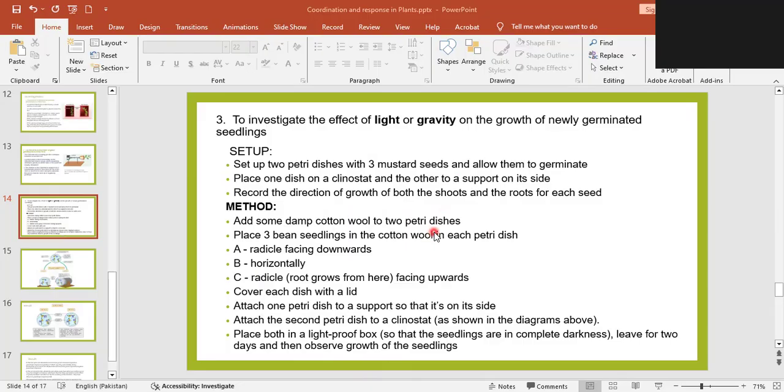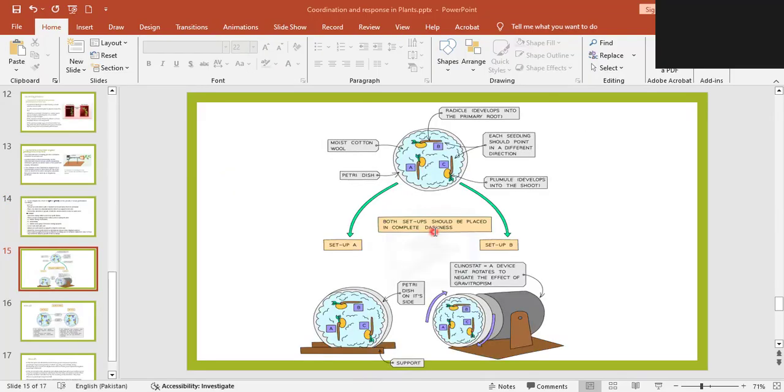So your experimental setup would be this stationary one, because the plants are in a stationary condition. They are not rotating. This is my control, where I keep the plant in a rotating form.